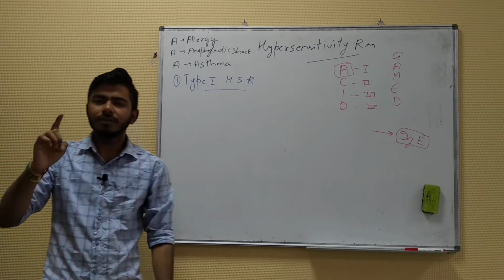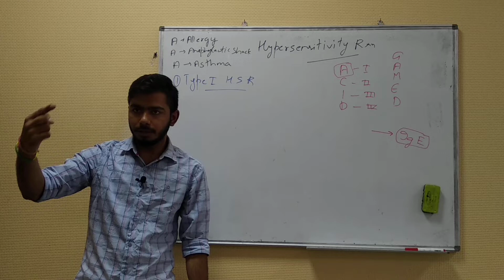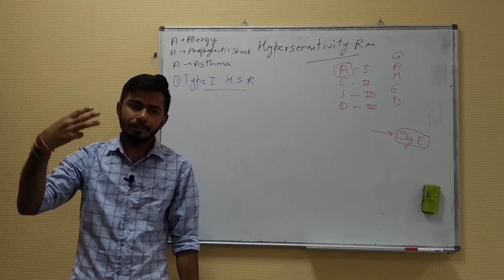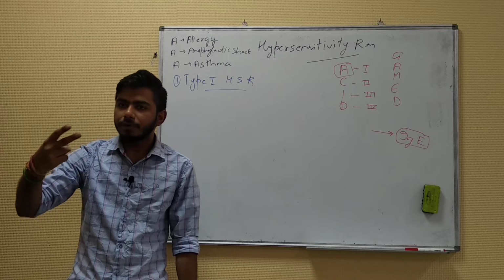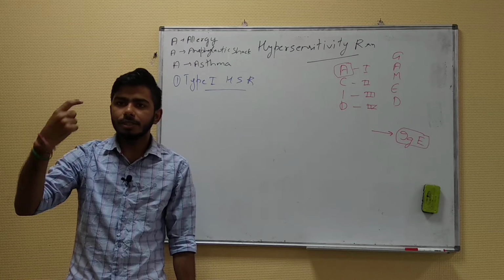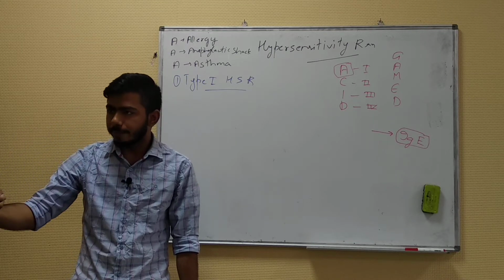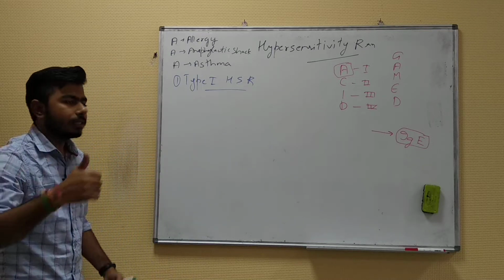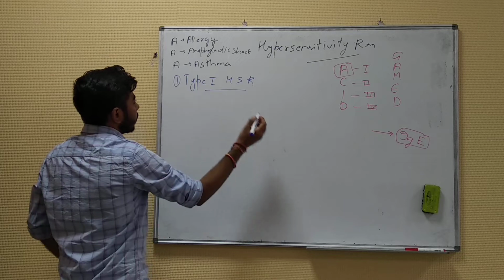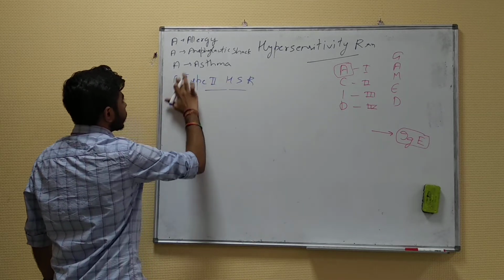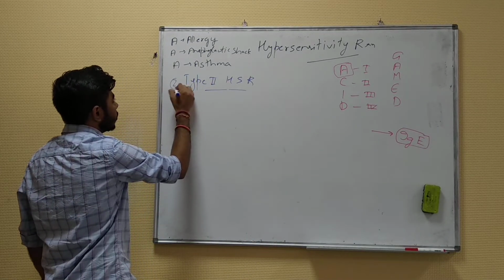Type 1 hypersensitivity had immunoglobulin E. Type 2 and type 3 are also antibody mediated. As I said, type 2 and type 3 use IgG and IgM. So let's talk about type 2 hypersensitivity.